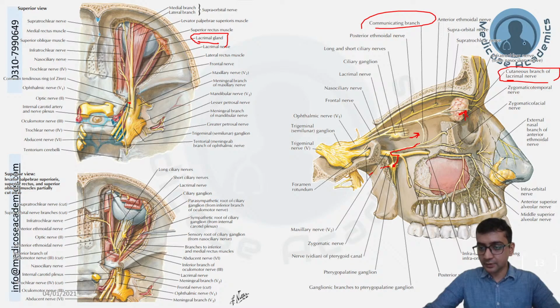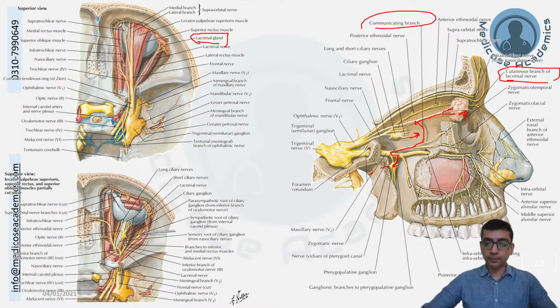From the zygomatic branch, it goes into the zygomaticotemporal branch. Then rather than going outside to the temporal fossa, the parasympathetic fiber moves through the communicating branch and jumps onto the lacrimal nerve. From the lacrimal nerve, they go and supply the lacrimal gland to produce the tears.